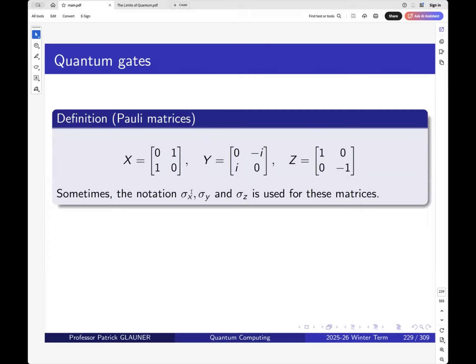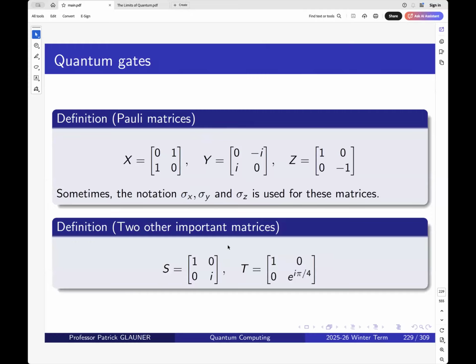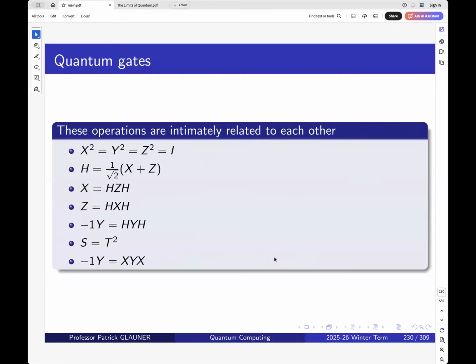Sometimes a different notation is used for X, Y, and Z, like sigma X, sigma Y, and sigma Z. And the literature proposes other matrices like S, which looks like this, and T, like this. But I think you will see some of them once you look at concrete quantum algorithms. And we will very soon see a notation so we can also interpret what these operations would actually mean.